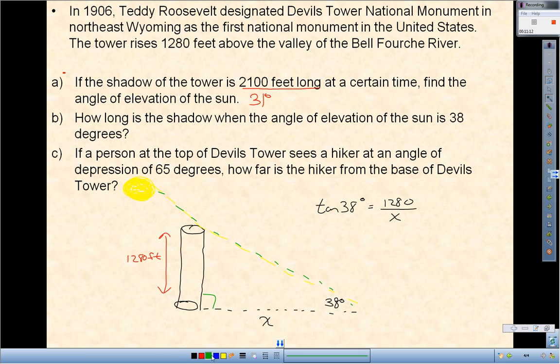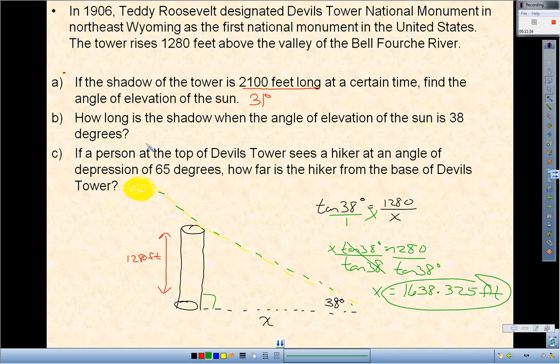Notice we're not trying to find an angle, so we're not going to use the inverse function. We're just going to cross multiply and then divide by tangent of 38 degrees. And so 1280 divided by tangent of 38 degrees would give me 1,638.325 feet. And so that would be the length of the shadow. 1,638 feet.